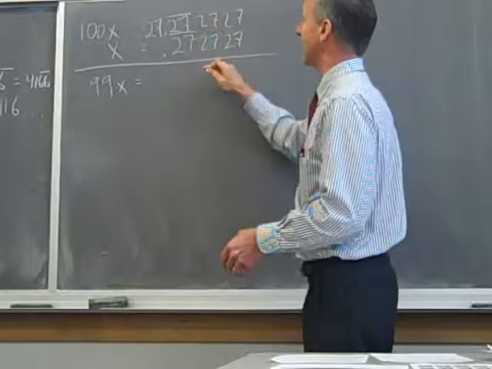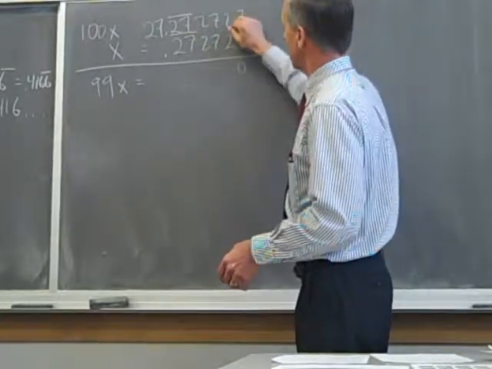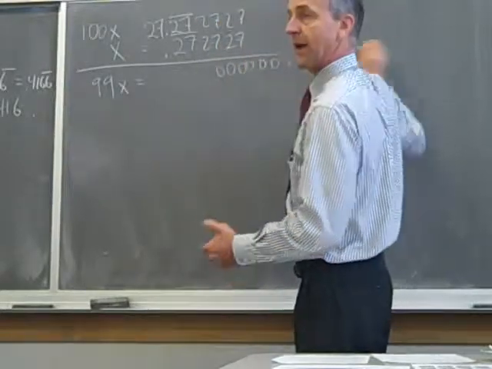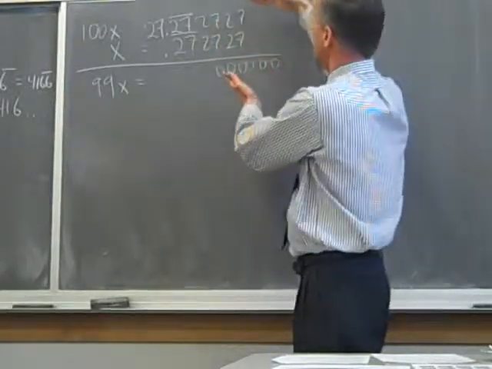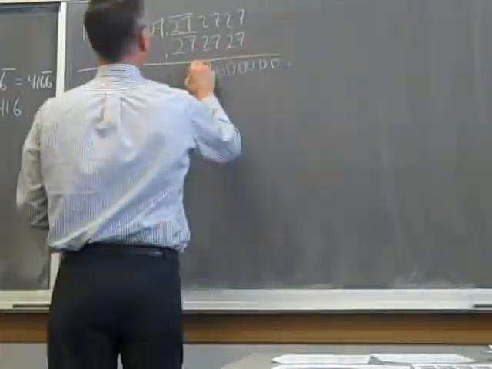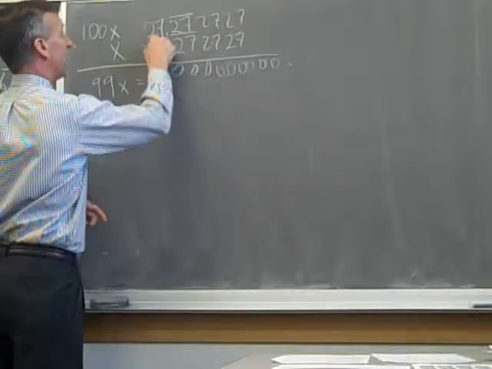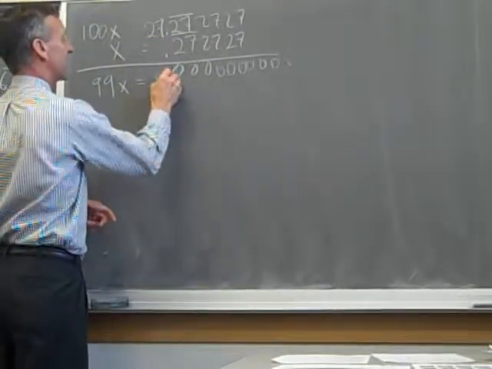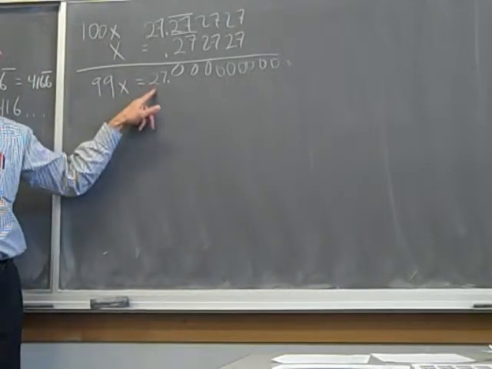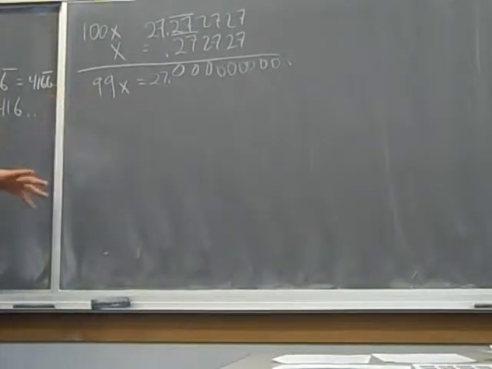If I subtract here, this 7 minus this 7 is 0, and the zeros go forever because these repeat, but 7 minus 7, 2 minus 2, they're all going to be zeros, right? Except this 27 minus 0 is 27. So I've got 99x is equal to 27.